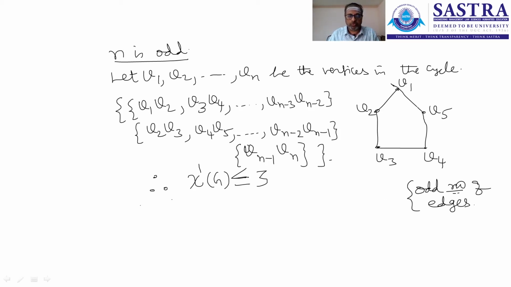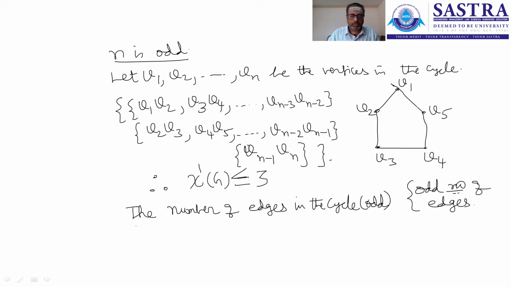So for each color class, the number of edges in the cycle, which is odd, is an odd number.